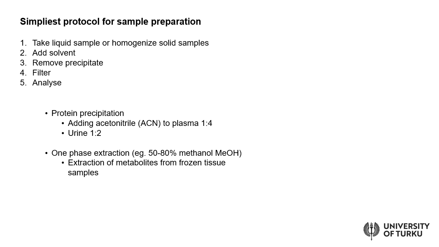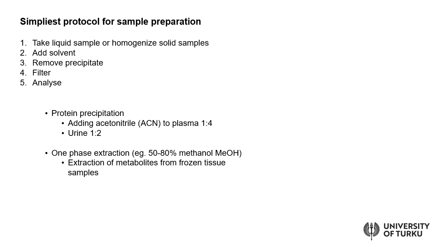So you have your sample. It can be readily in liquid format, or you need to homogenize your sample if it is in solid form, for example food samples, in solvent. And then you add the chosen solvent. After adding the solvent, you will see the forming of a precipitate when, for example, proteins are precipitated. Actually, this will not be the case when you analyze your own urine samples, because naturally in urine we don't have proteins.